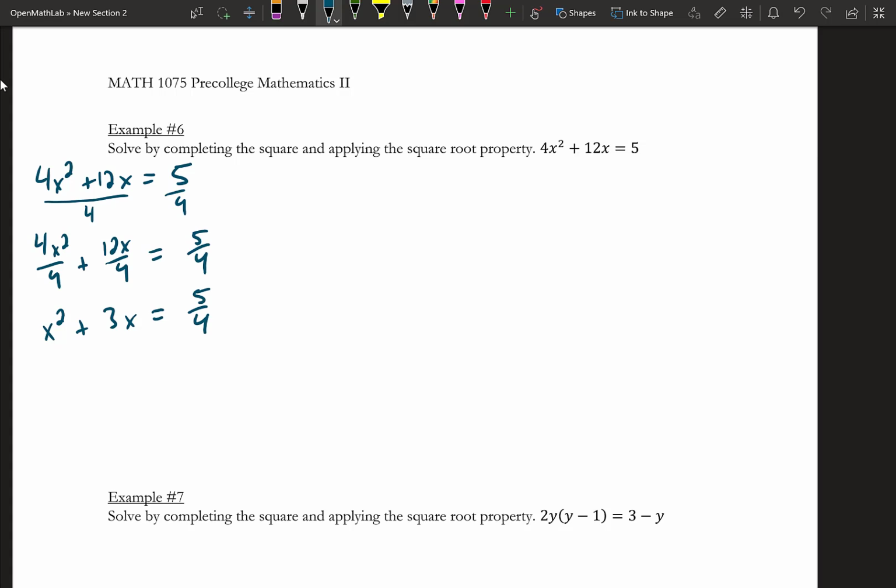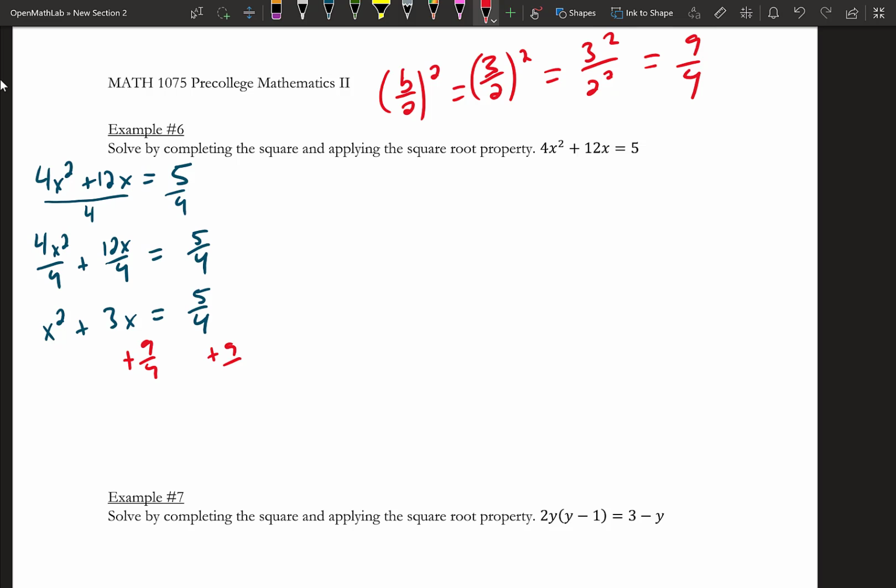Now what's b divided by 2 quantity squared? That would be 3 divided by 2 quantity squared, which is 3 squared divided by 2 squared, which is 9/4. So that's what I want to add to both sides in order to complete the square.